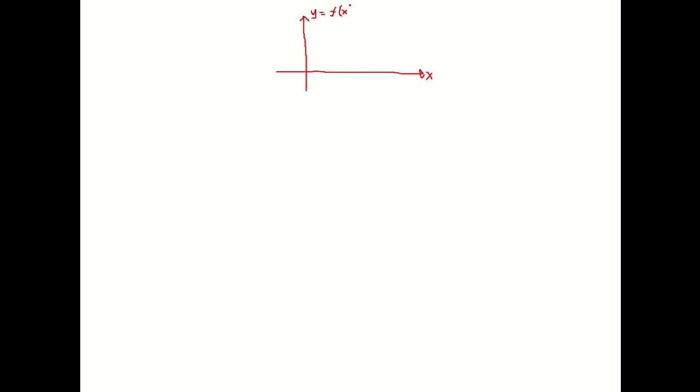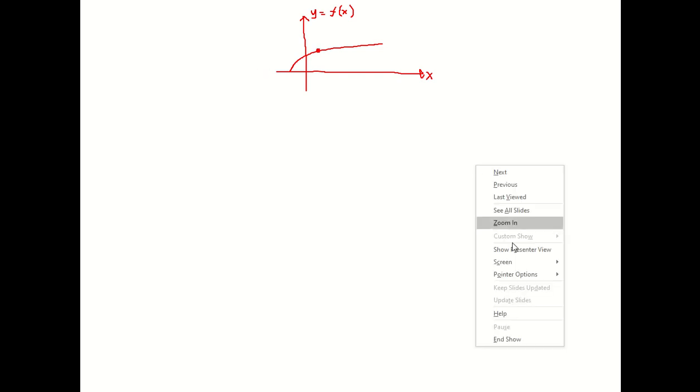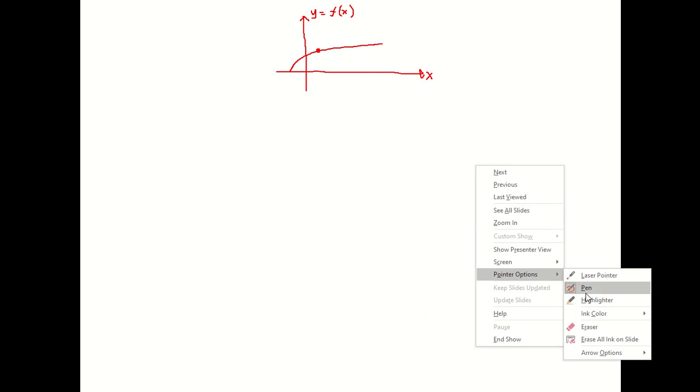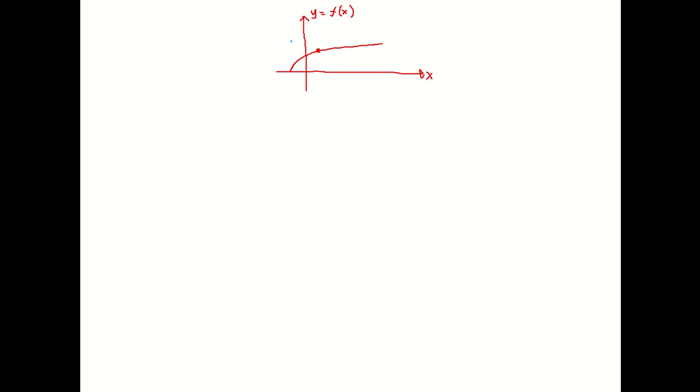And the graph of our function is something like this. It's a semi-parabola facing to the right. And we have here the point of tangency. And we have here the tangent line.